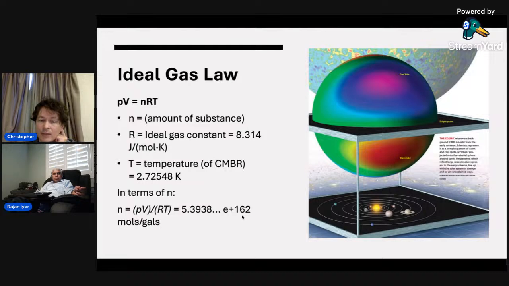So yeah, this says moles, or galaxies, I'm saying, because when applying the ideal gas law to the entire universe, we're looking at galaxies instead of moles, really.